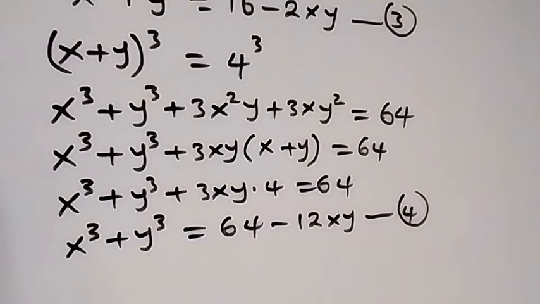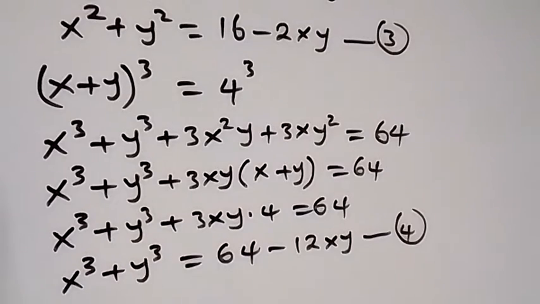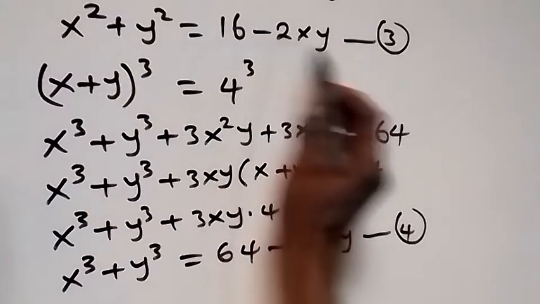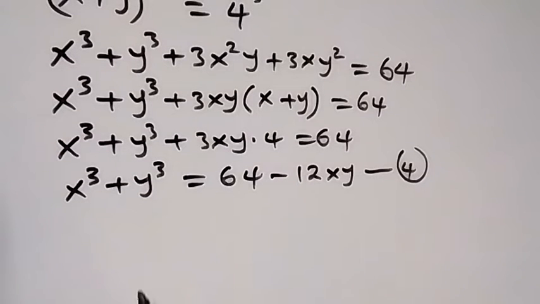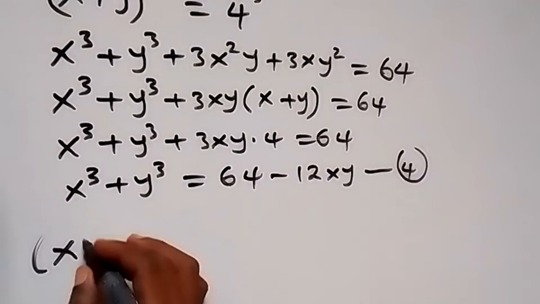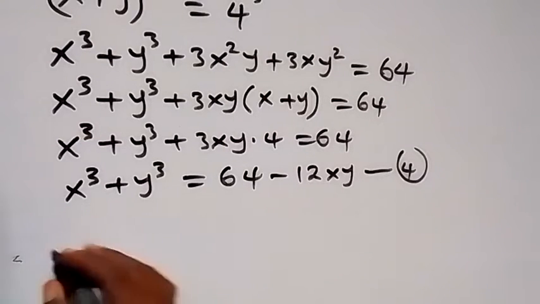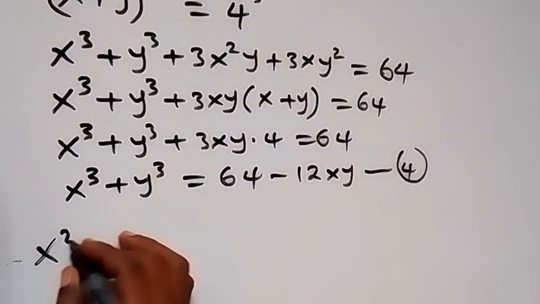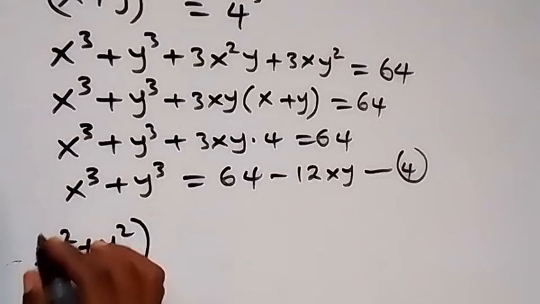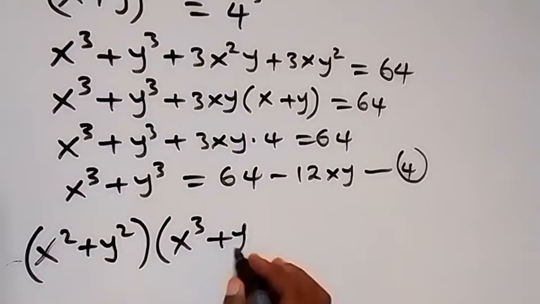And in the next step, let's multiply equation 3 and equation 4. So equation 3 multiplied by equation 4. The left hand sides will multiply each other: we have the left hand side of equation 3, x squared plus y squared, multiplied by the left hand side of equation 4, x raised to power 3 plus y raised to power 3.